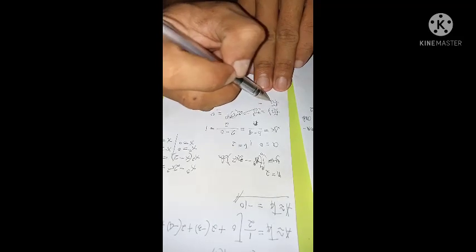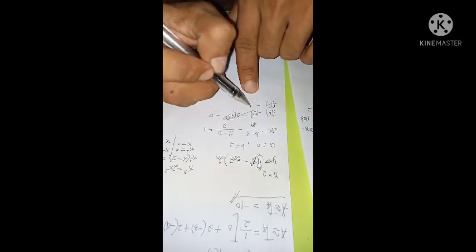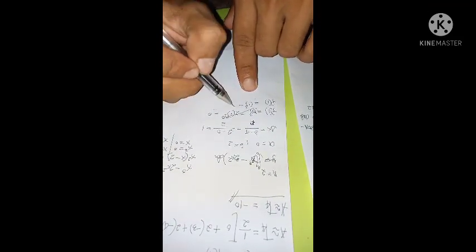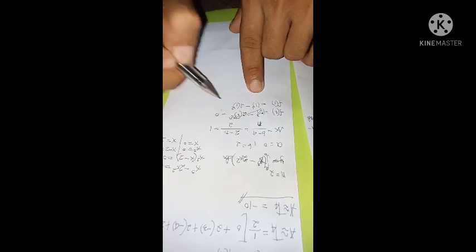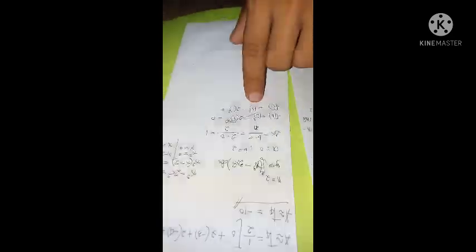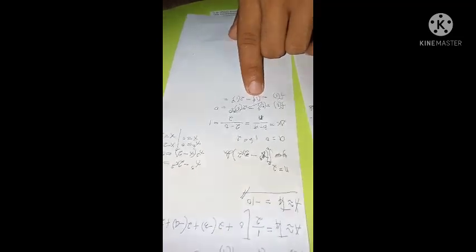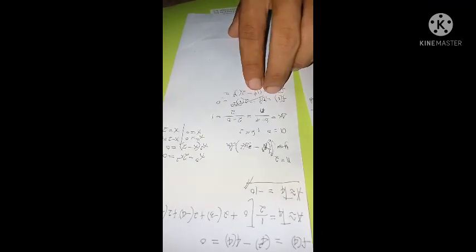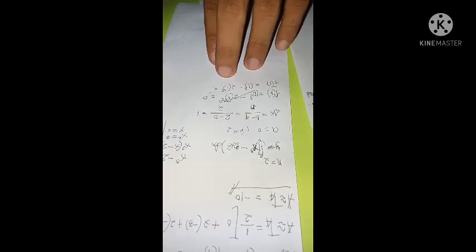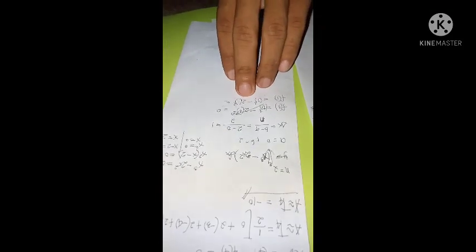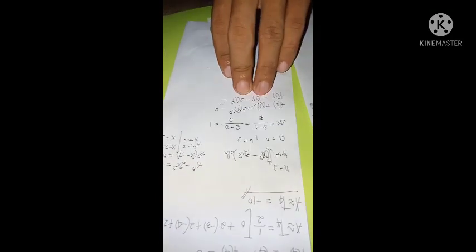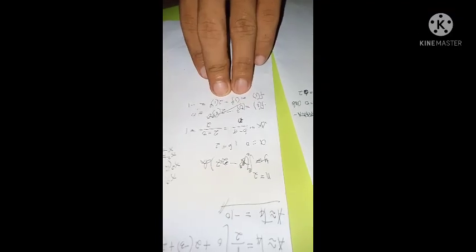At f of 1, 1 cubed minus 2 times 1 squared: 1 cubed is equal to 1, then 1 squared is equal to 1, so 1 times negative 2 is negative 2, plus 1, so negative 1.